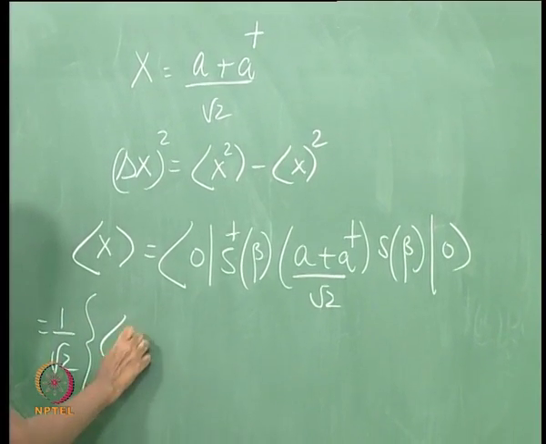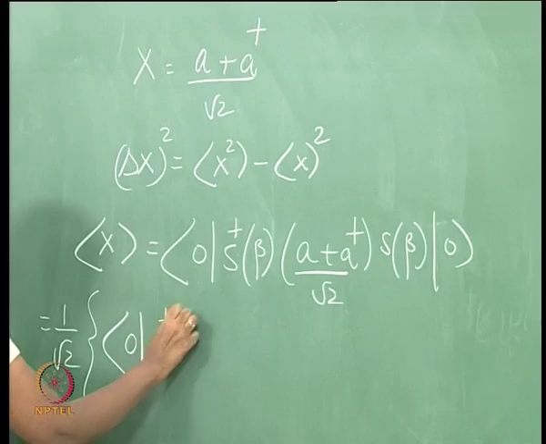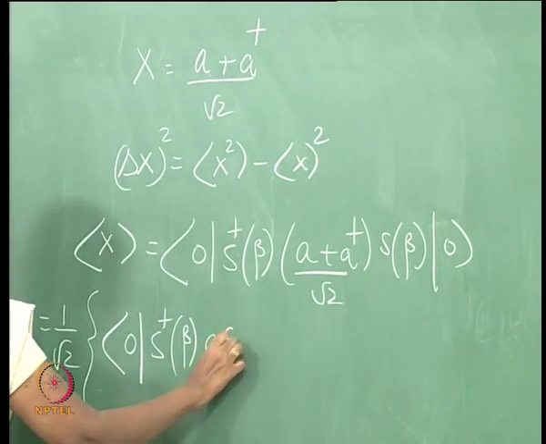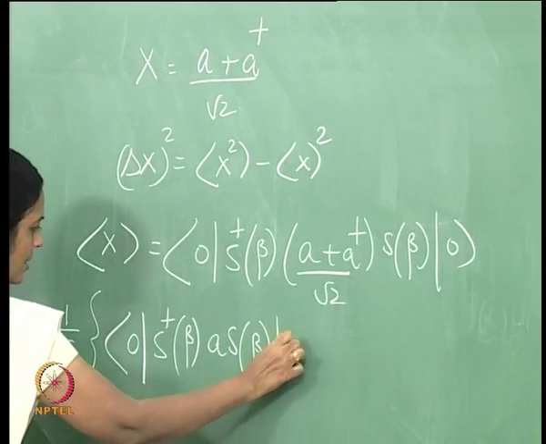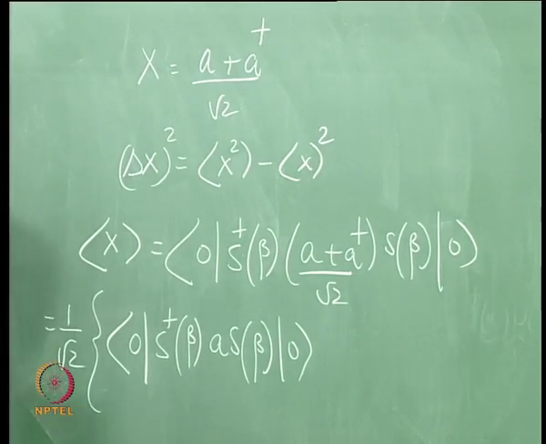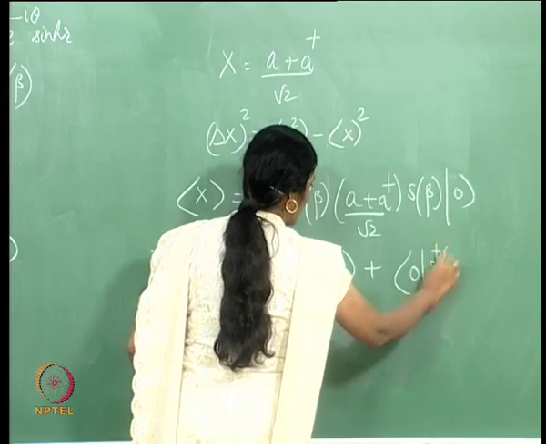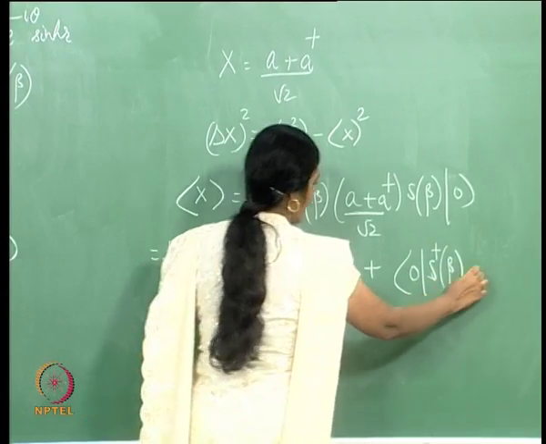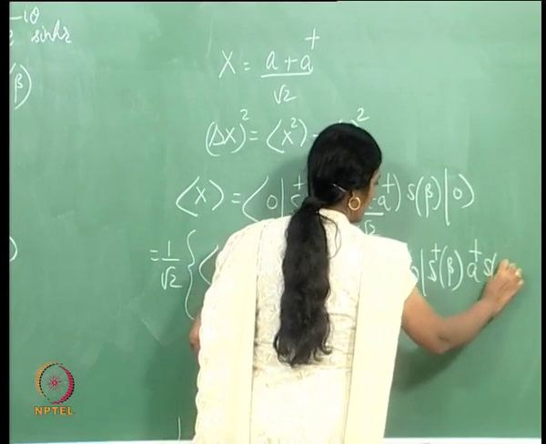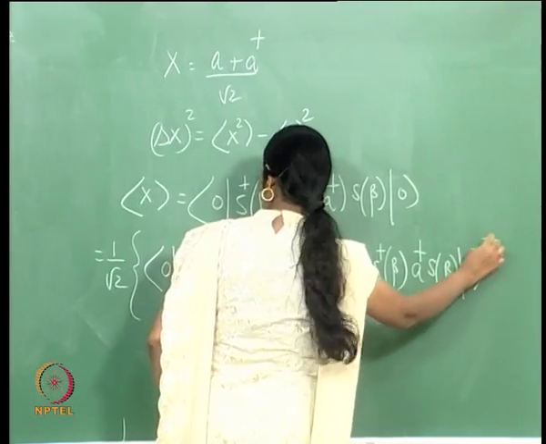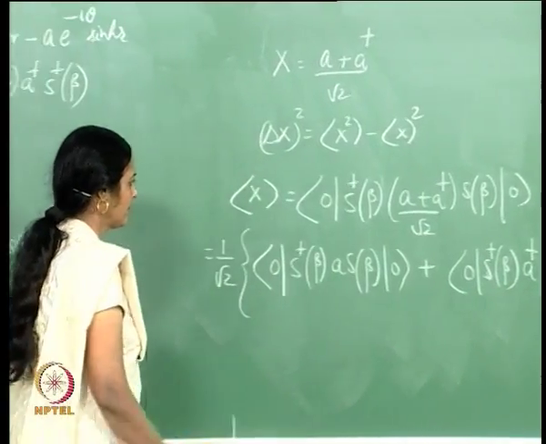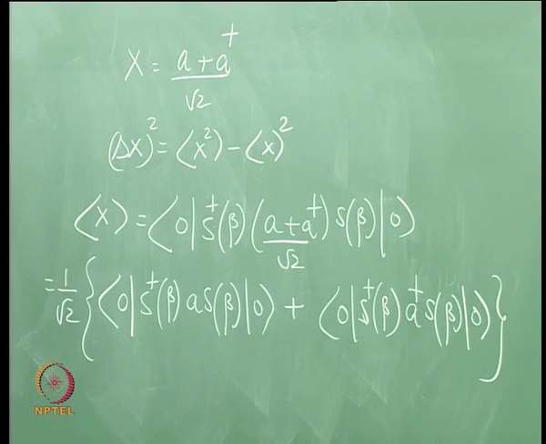The first term is 0 S dagger of beta A S of beta 0. The second term is 0 S dagger of beta A dagger S of beta 0. This is expectation x in the state S of beta ket 0.